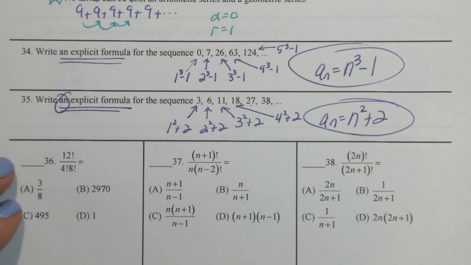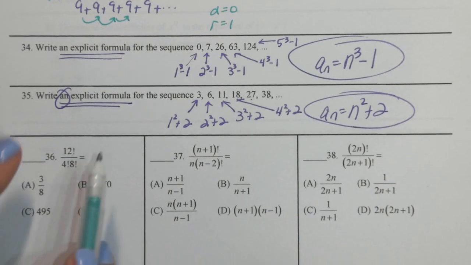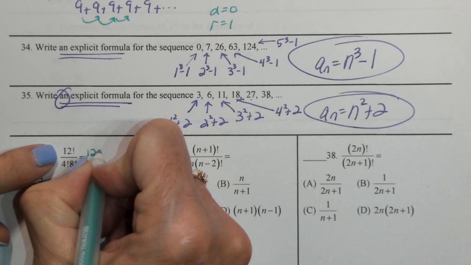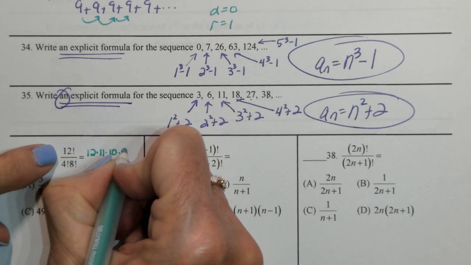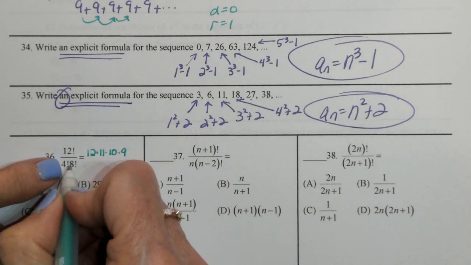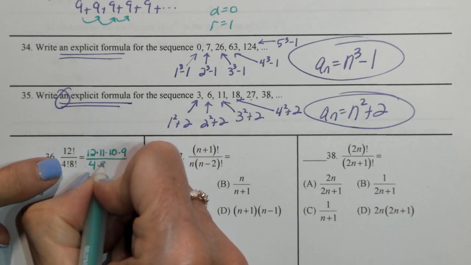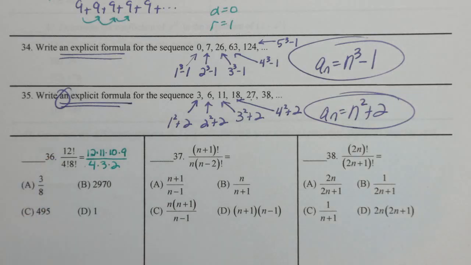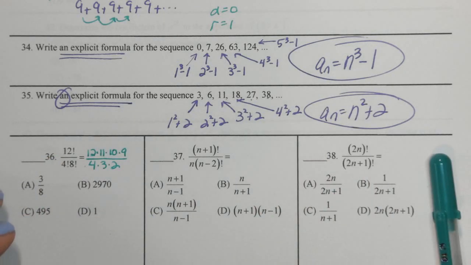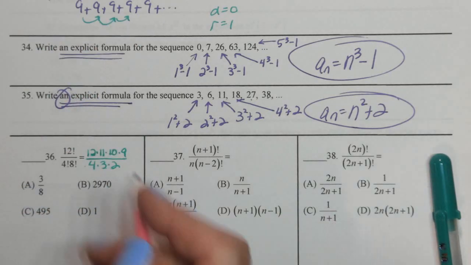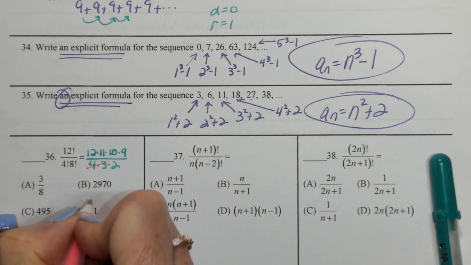Okay. Here, this is 12 times 11 times 10 times 9. Everything else reduces with that 8 factorial. Divided by 4 times 3 times 2 times 1. And now I'm going to clean this up. 4 times 3 is 12.